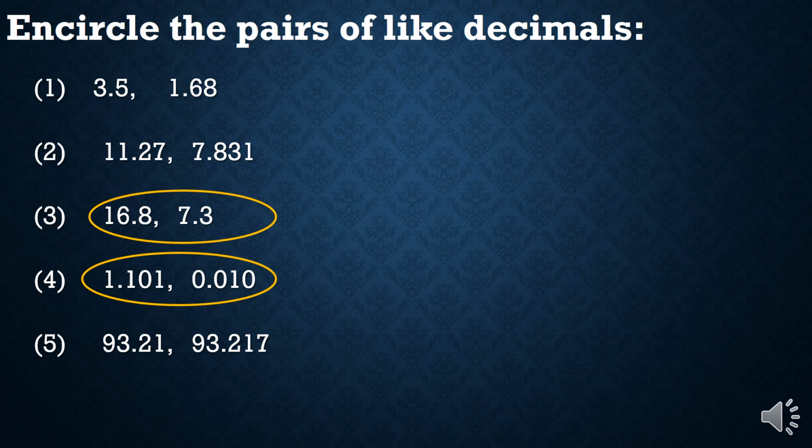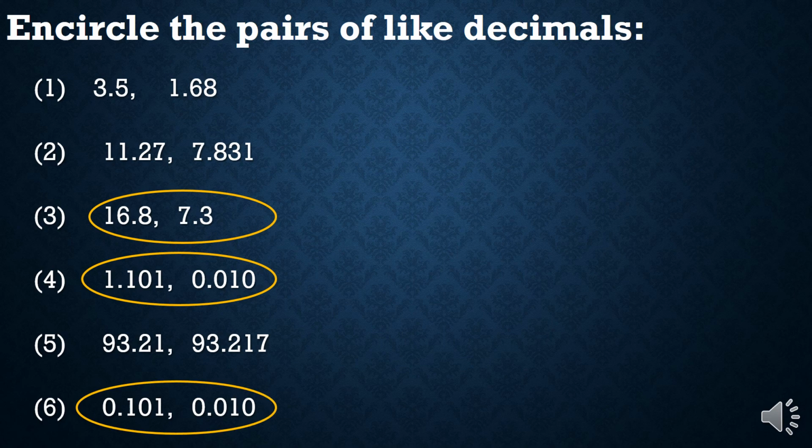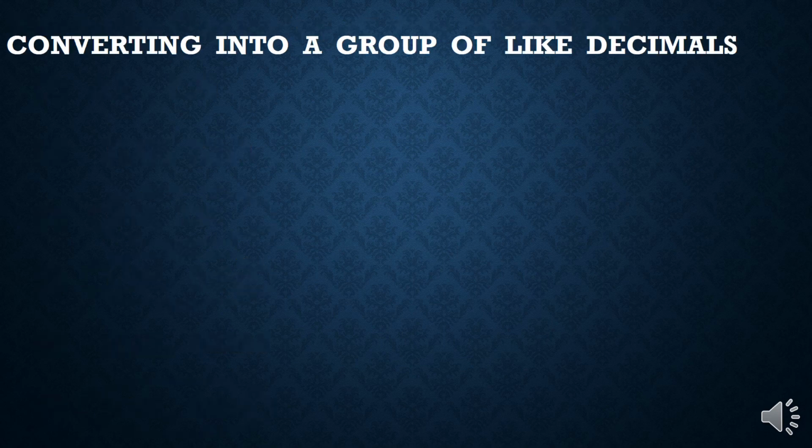See, in 93.21 after decimal 2 digits, but in 93.217 after decimal 3 digits. So it is a pair of unlike decimals. So leave them. Question number 6. 0.101 and 0.010. See, in both the numbers after decimal the same digits. So what do we have to do? Yes, encircle them.